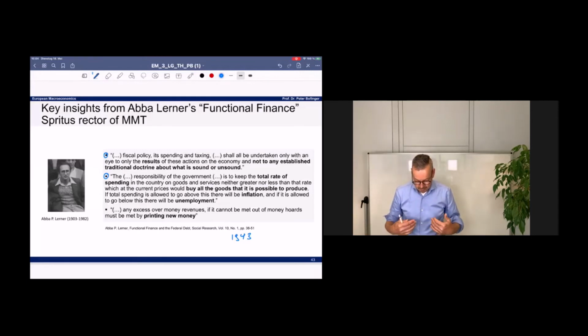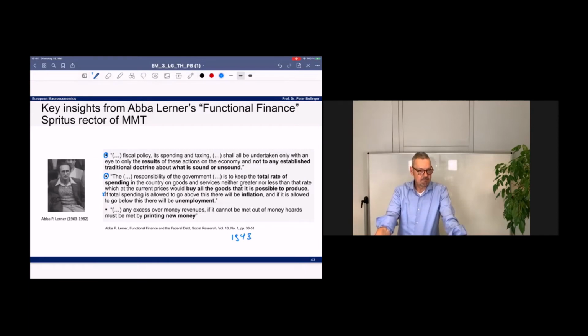He says the spending would buy all the goods that it's possible to produce. So demand should be more or less in line with supply, and he says this is the key responsibility of the government, to ensure that we have a macroeconomic equilibrium. And then he also says, if total spending is allowed to go above this, there will be inflation, and if it is allowed to go below this, there will be unemployment.